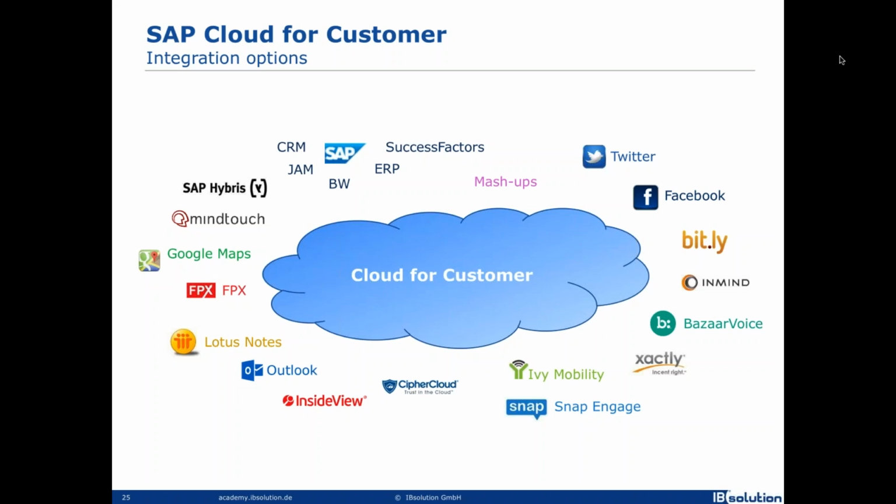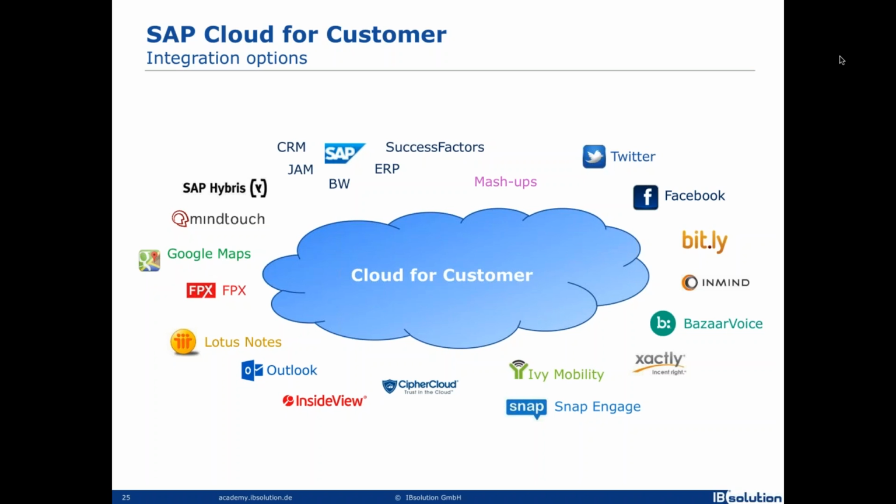Basically, SAP has provided pre-configured scenarios for their most commonly used products such as CRM, ERP, BW, SAP Jam, of course, SuccessFactors. You also have integration with Hybris Marketing. Groupware integration is also available for Lotus Notes and Outlook. You have integration with Google Maps, which is achieved using mashups.